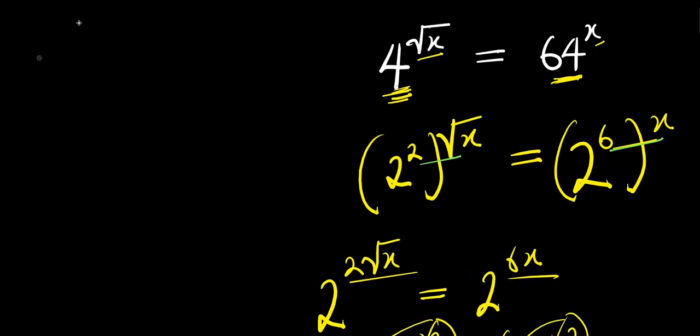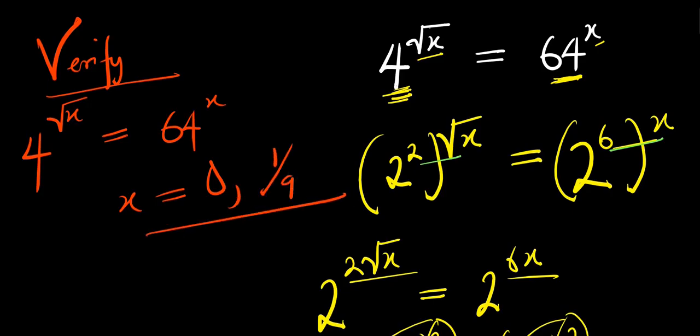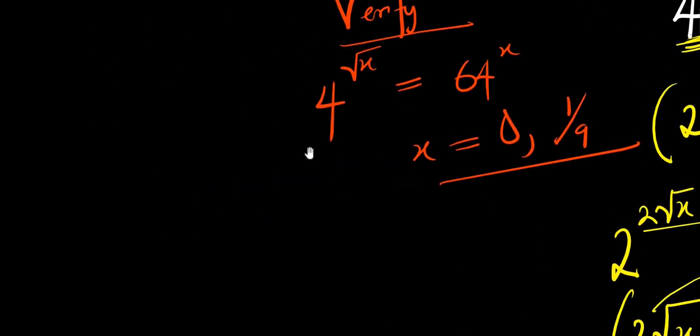So we can decide to verify 4 power square root of x equals 64 power x, and x is, we have 0 and 1/9. So let's start with when x is 0.